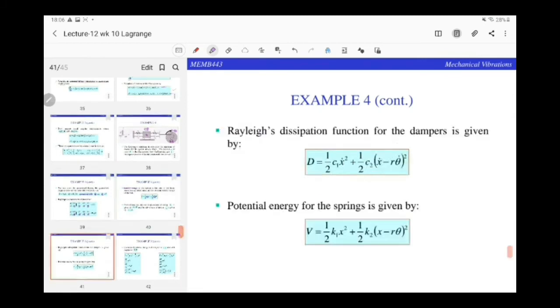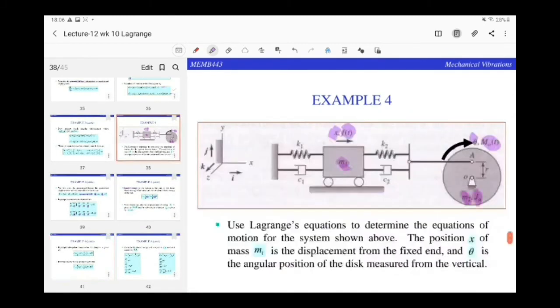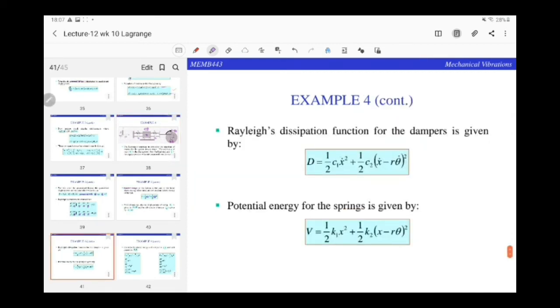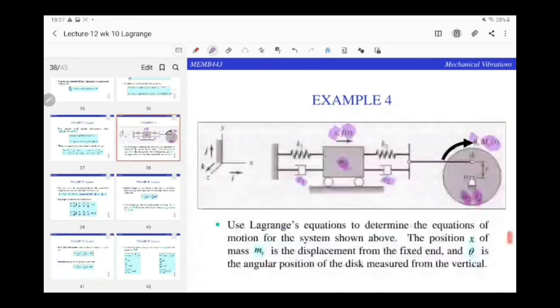Then from the Rayleigh dissipation function, if you look at this one again, you have C1 and C2. So now you just identify all the elements. For the Rayleigh dissipation function, you have C1 and C2. And then for the potential energy, take a look at it back.